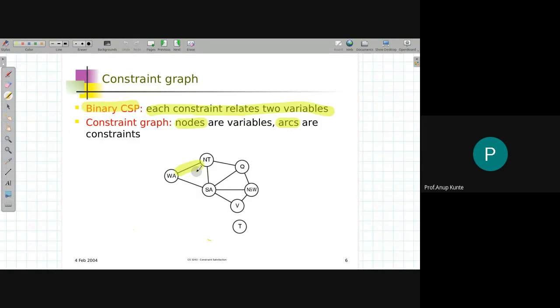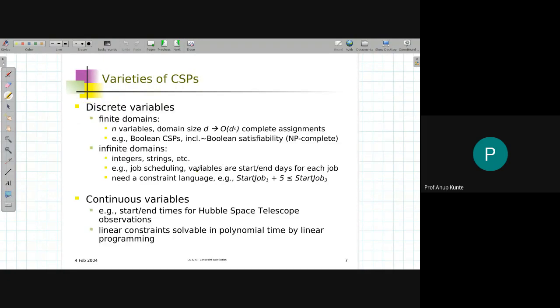Just like in this case, it has been classified as a binary CSP problem where every constraint relates two variables. So I should choose a technique that is good enough for solving such problems. Okay, so that is how you should try to understand this topic.